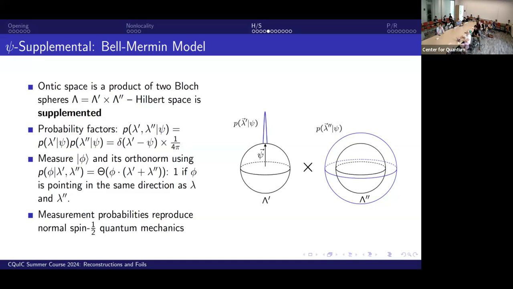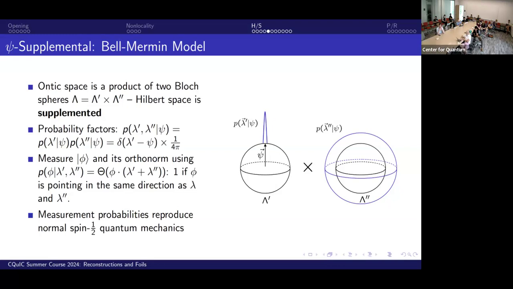But it's being supplemented by these extra degrees of freedom on the second sphere. For what purpose? To determine the measurement outcome here. Normally we just think about that one sphere and a random measurement outcome. But here the details of the distribution on the second sphere actually control what that measurement outcome is.